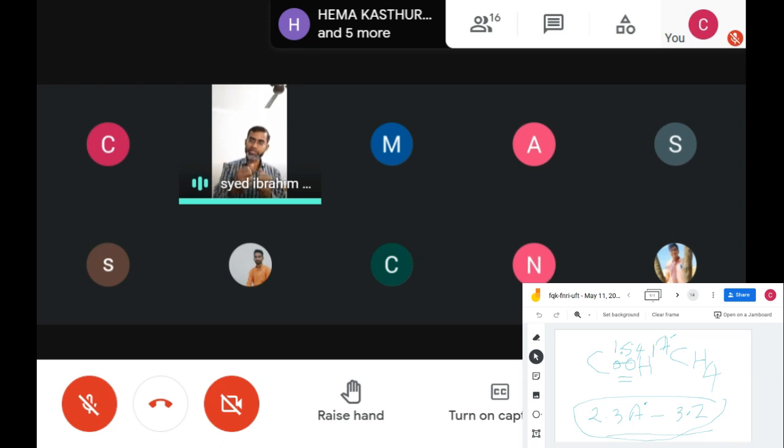If you push too much closer than 2.3, then steric interaction will be there. So there is no way it can make a covalent link with another atom. It is just an interaction. So just remember this: 2.3 to 3.2 angstrom units.